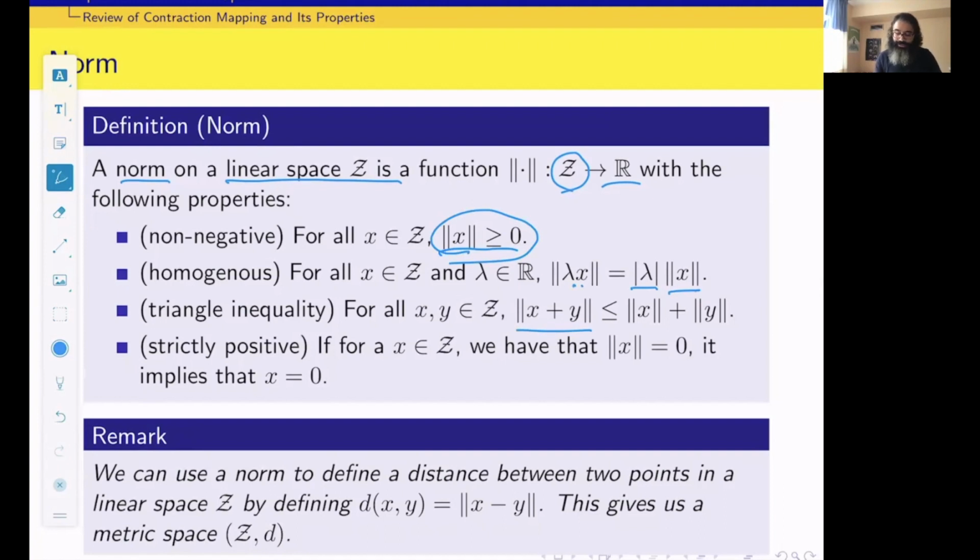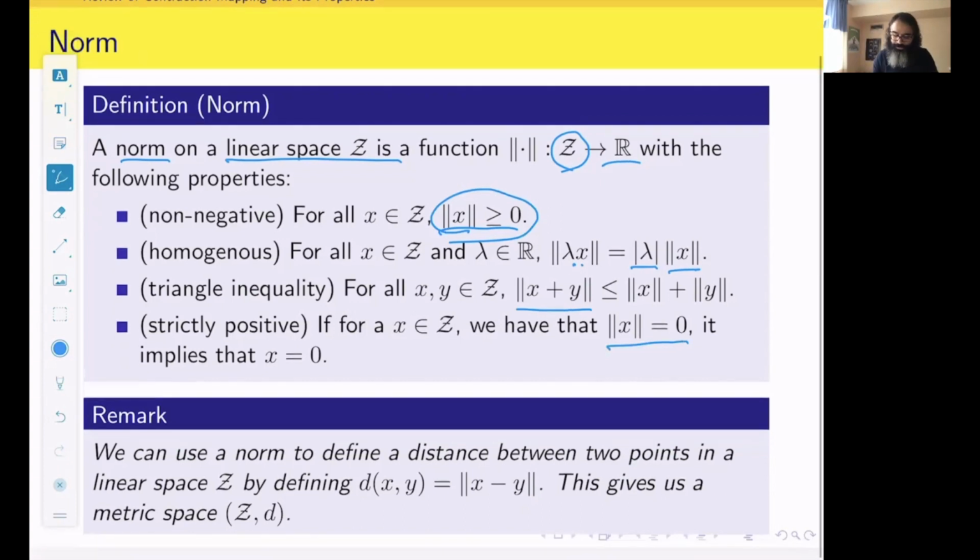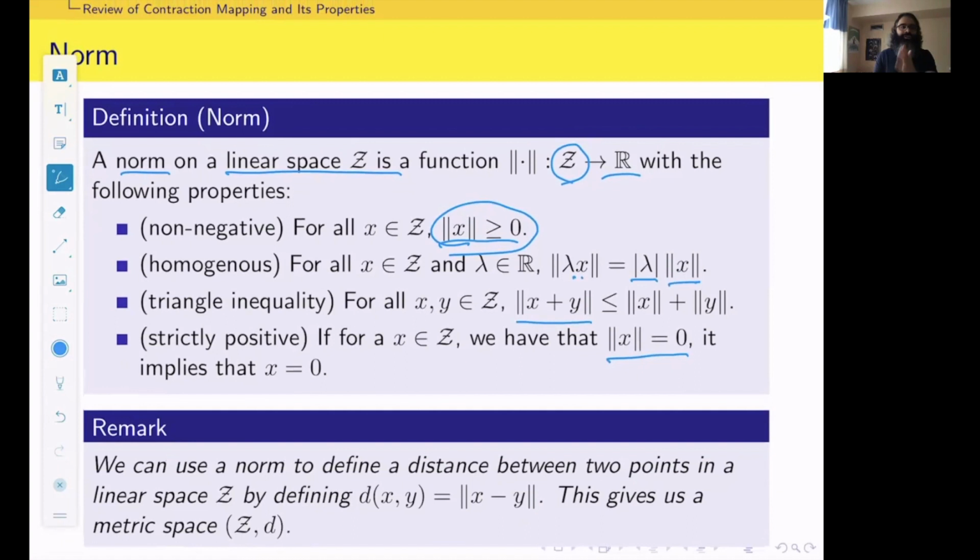And then strictly positive, which means that if the norm of something is 0, that point is 0 in that vector space. One thing answering part of the question is that we can use a norm to define a distance between two points by simply saying that the distance between x and y is the norm of the vector x minus y. So from a norm, you define a metric space.